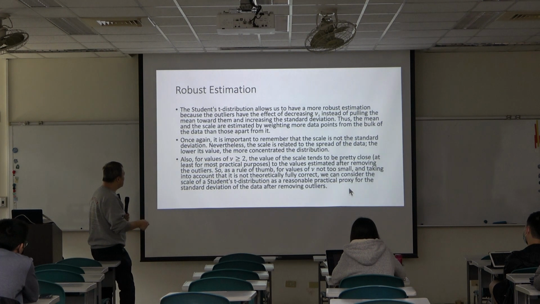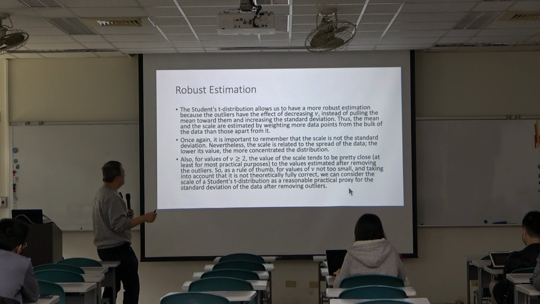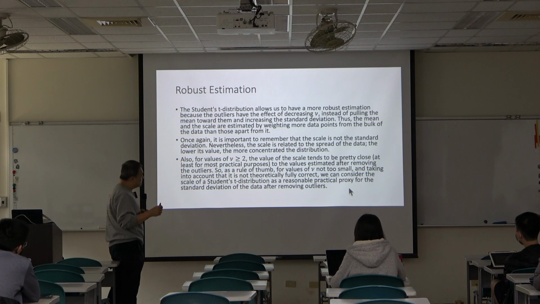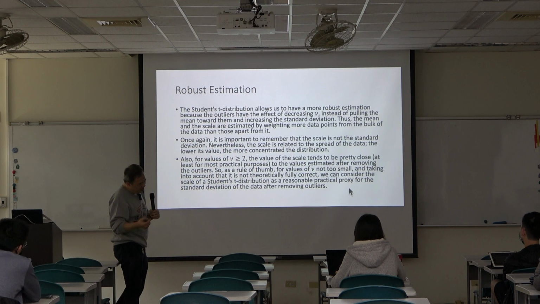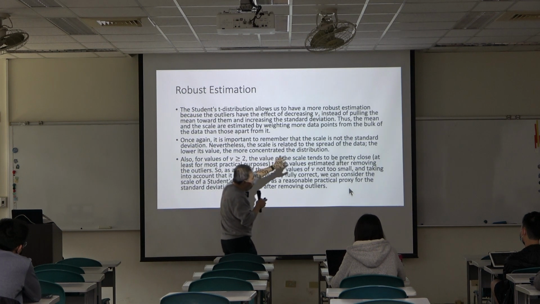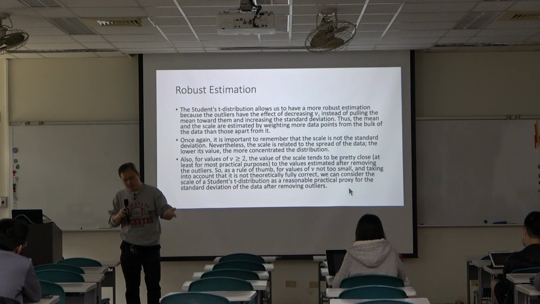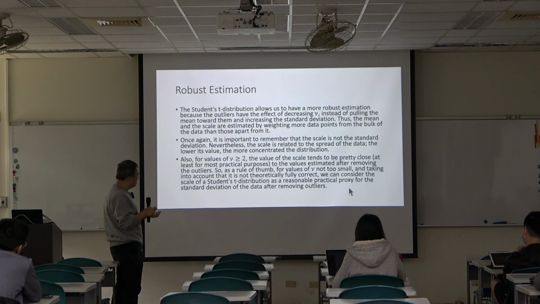Once again, it's important to remember the scale is not the standard deviation. But the scale is related to the spread of the data. So when you consider scale is related to the spread of data, it is similar to standard deviation in a certain manner, right? The lower its value, the more concentrated the distribution.